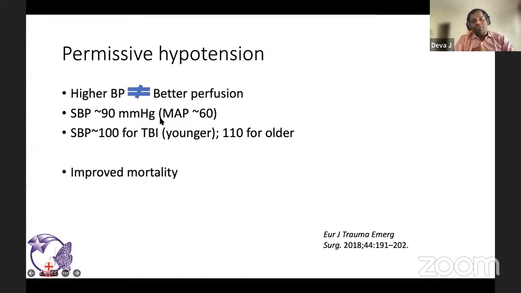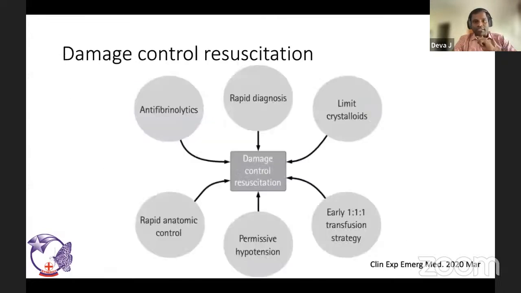We aim for a systolic blood pressure of 90, or I've been taught, have you resuscitated to a radial, which means a patient is coming in without a radial. I've resuscitated the patient. Now I can feel the radial. That's good enough. Systolic blood pressure of 90 is good enough. Or if you're following MAP, 60 millimeters of mercury is good enough. If the patient has brain injury, you would aim for slightly higher, 100 or 110 millimeters of mercury. And this has been shown to improve mortality. So permissive hypotension is the other concept that we look at in trauma when we resuscitate.